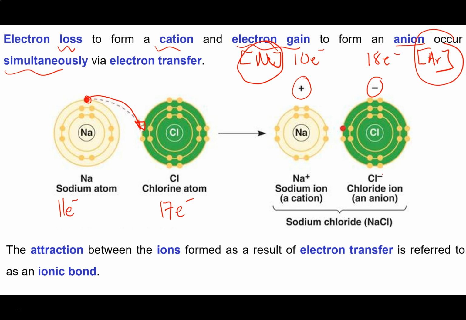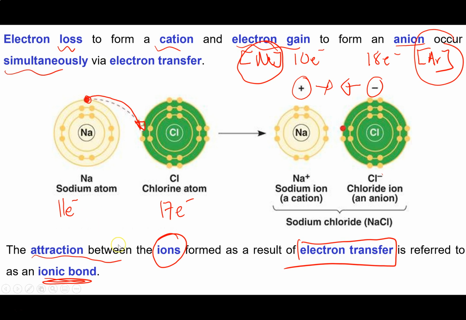The only problem is now that the sodium has a positive charge and the chlorine has a negative charge, they're going to get stuck to one another. So everybody gets to obtain a noble gas configuration in this scenario. The only difficulty is they are now stuck together. So it is this attraction between the ions that form when we transfer electrons that gives us what we call the ionic bond.